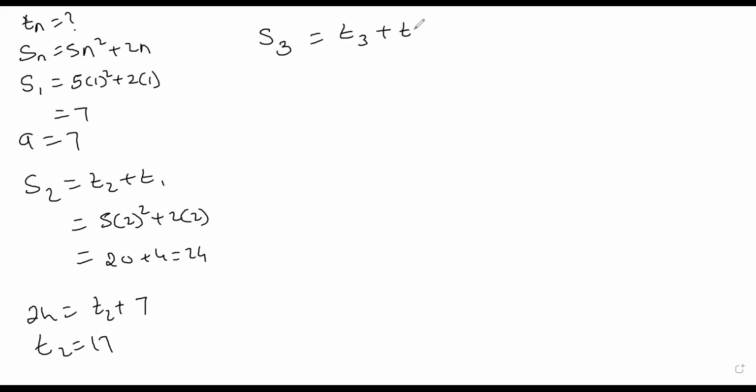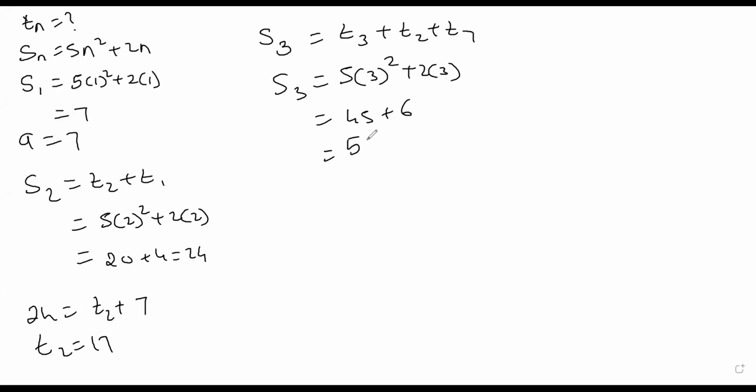Similarly, I'll find out T3 through S3. That is T3 plus T2 plus T1. S3 will be 5 into 3 square plus 2 into 3. That is 5 into 9, which is 45, plus 6. Total is 51. Now S3 is 51.